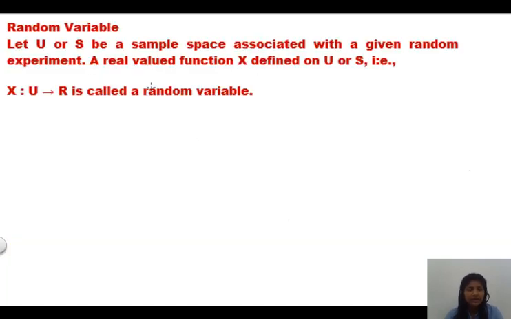Random variable, here is the definition. It says let S or U be the sample space associated with the random experiment. A real valued function x, real valued function x means x will have real values, defined on the sample space, that is x defined on the function U, which is the sample space, to R, any real number.